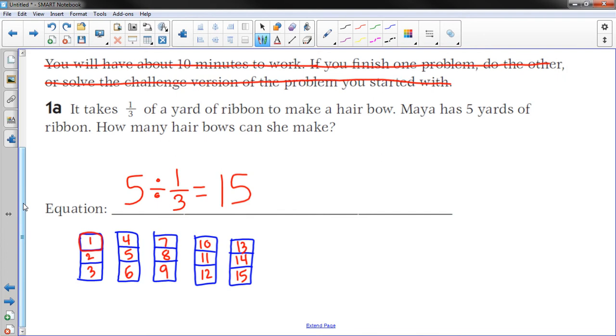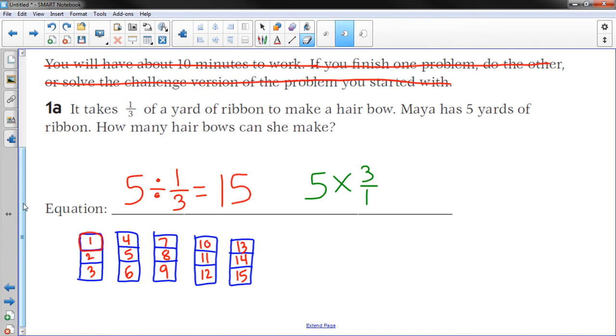Mathematically, to solve this, you'd just take 5 and you'd switch the division sign to a multiplication sign, and then you'd find the reciprocal of 1/3. Reciprocal means that you're just going to flip it, so it becomes 3 over 1. 5 times 3 over 1.